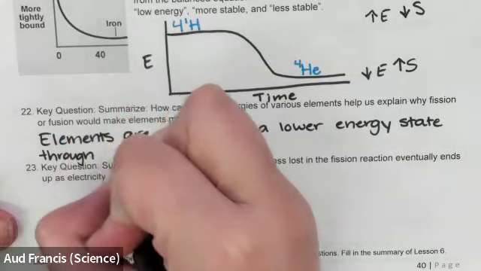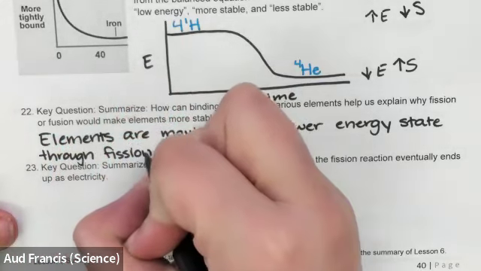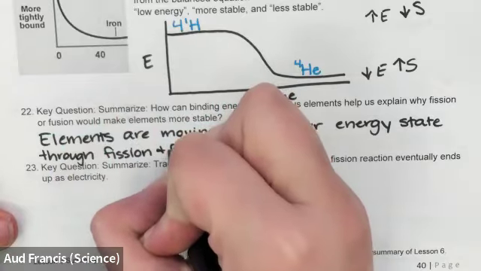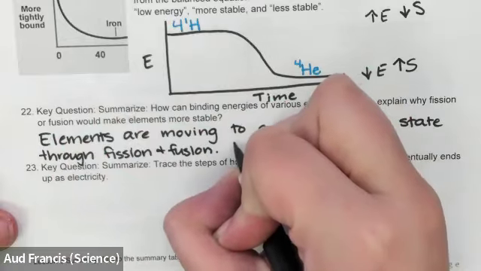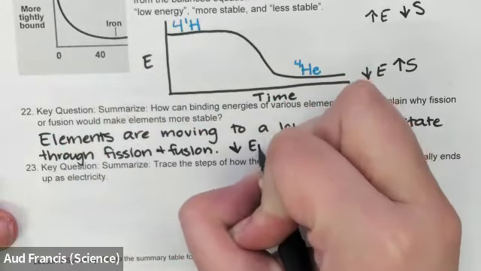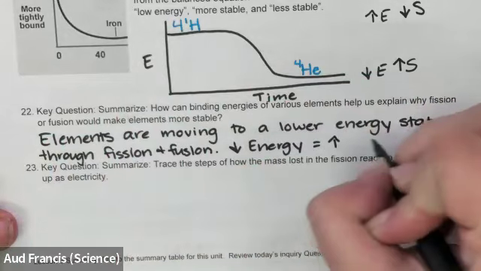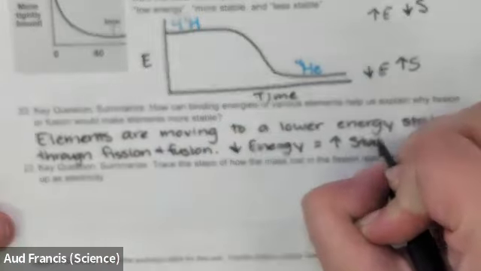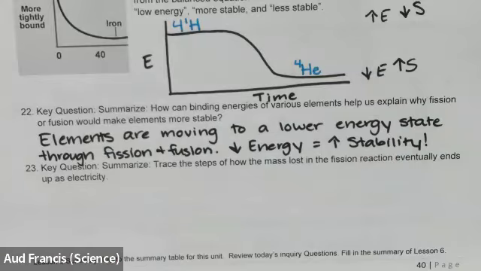So I'm going to add the words fission and fusion into my answer here just to bulk it up a little. Lower energy equals higher stability. Ta-da!